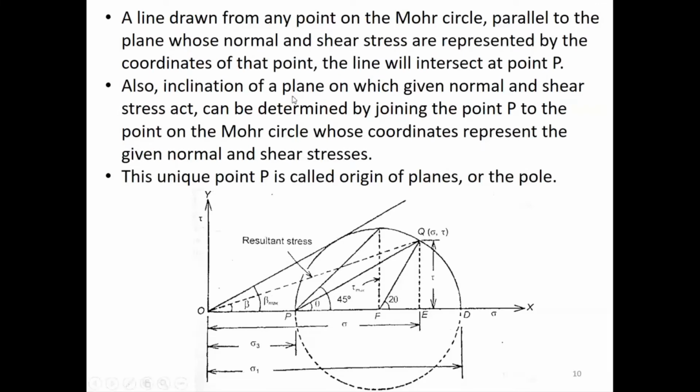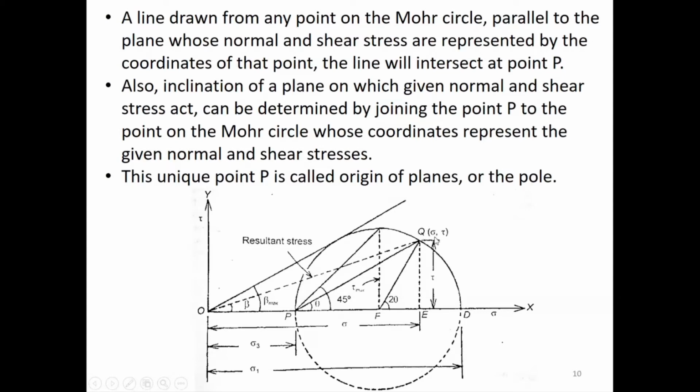So any line drawn from any point on the Mohr circle. Now we are going to do it in reverse, right? Suppose we have the point Q. Earlier, from the point P we knew the angle theta and we drew that line. Now imagine any point on this Mohr circle, let us say Q. How did I get Q?